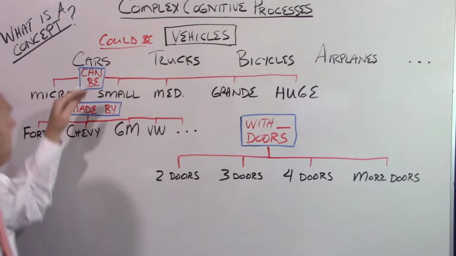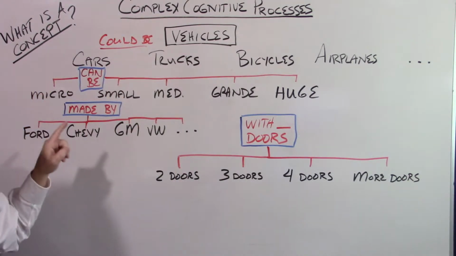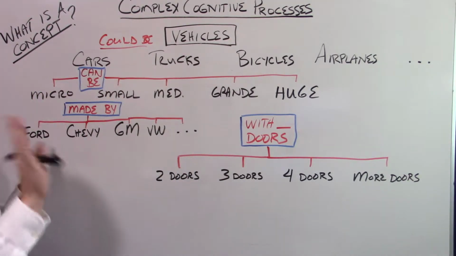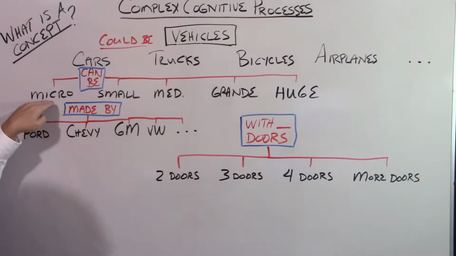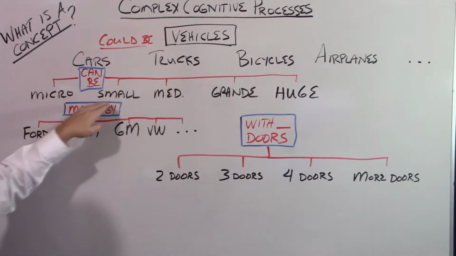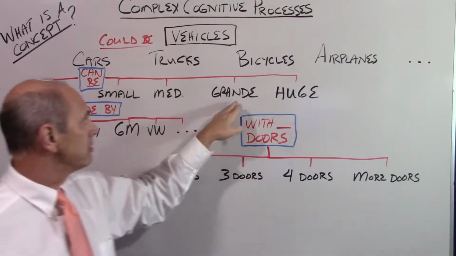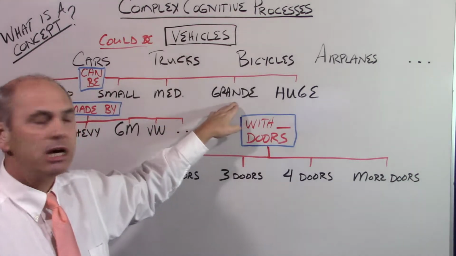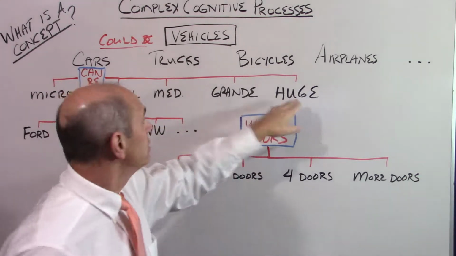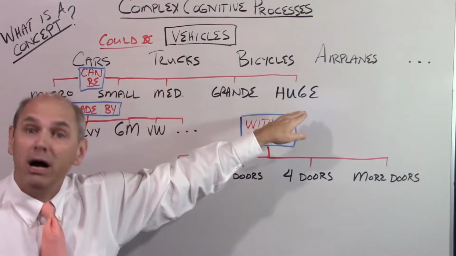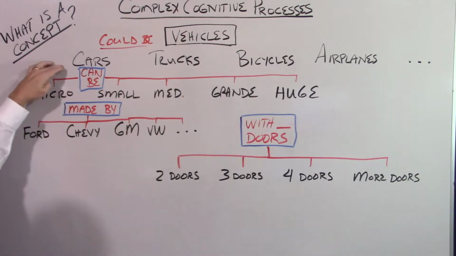Here's what I mean. Cars. We will accept that cars can be very, very small, or just small, or medium, or grande. Kind of need a coffee. Or huge. So all of these are possible with cars.